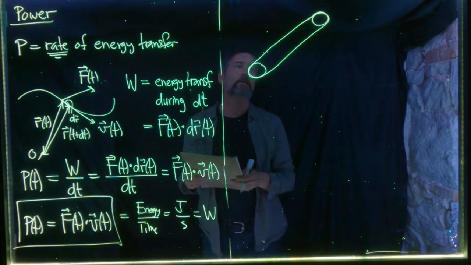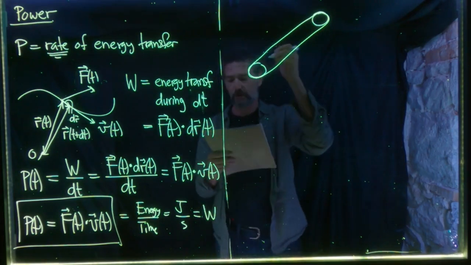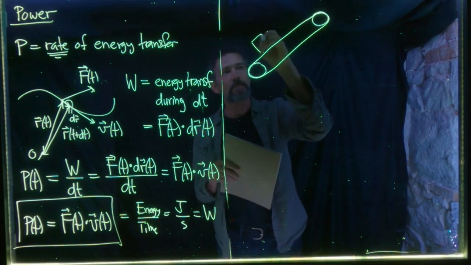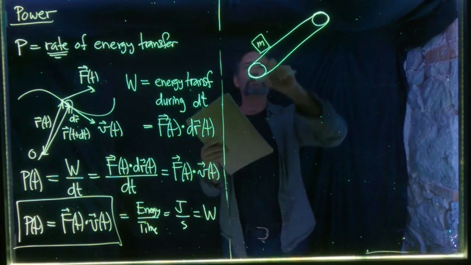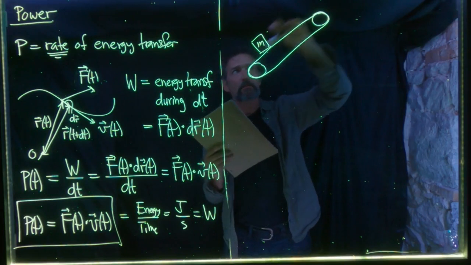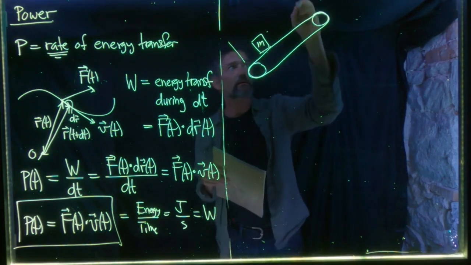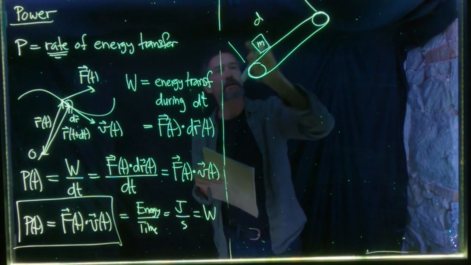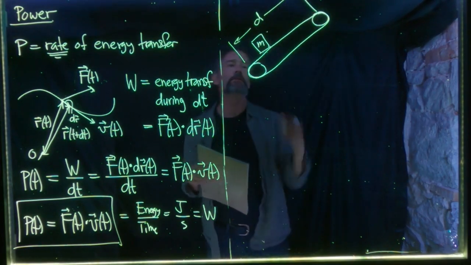Okay, and the idea is we're going to put a box, say down here, of mass m, and what we would like to do is raise this box up along that conveyor belt. Let's say the total distance up the conveyor belt is d.